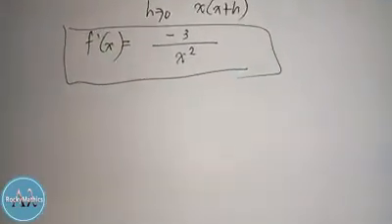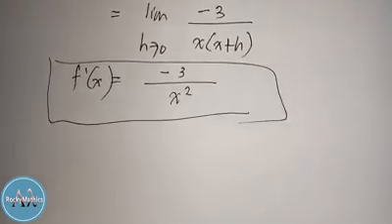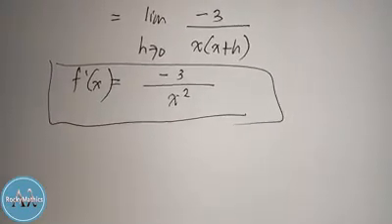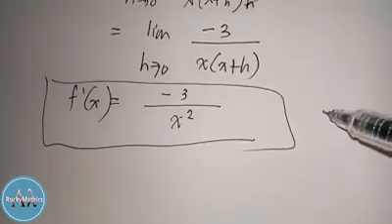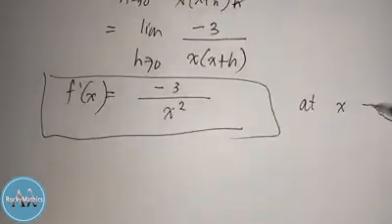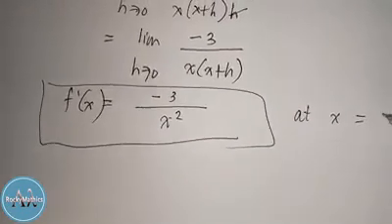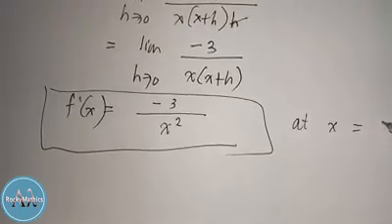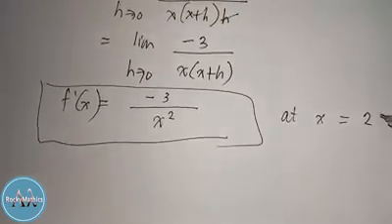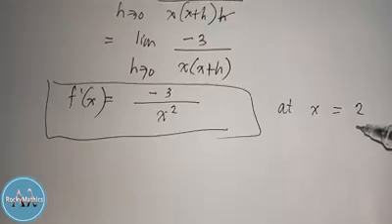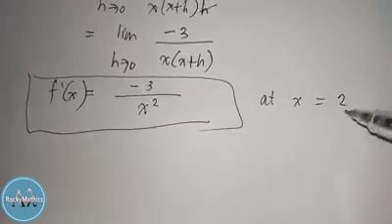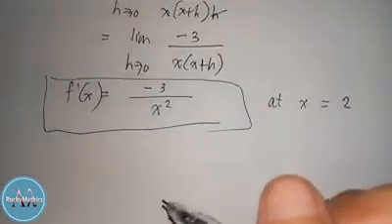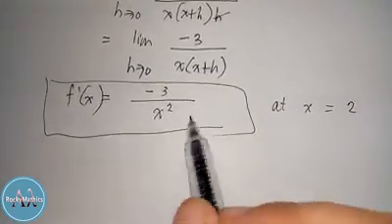Now specifically, if there is another problem that asks for a specific derivative at a certain value of x, let's say at x is equal to 2, for example. So what will be the derivative at x is equal to 2? All we have to do is just to substitute this value to the, by the way, this is the slope predictor formula.